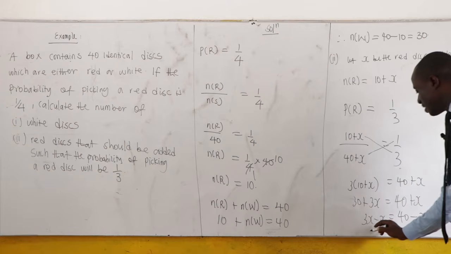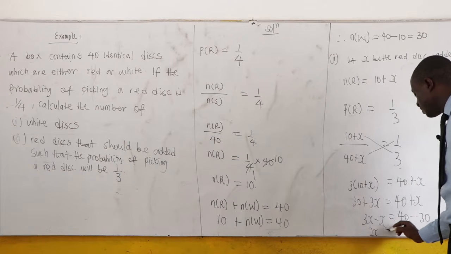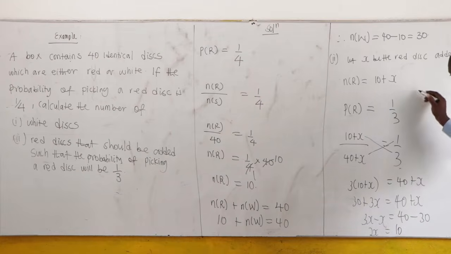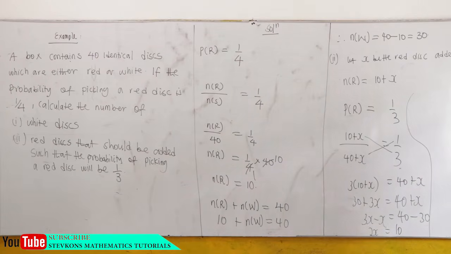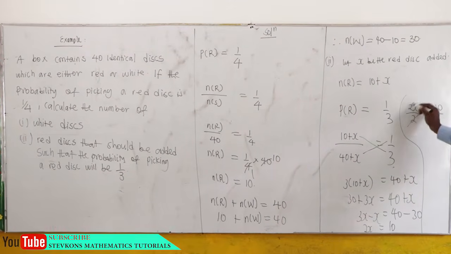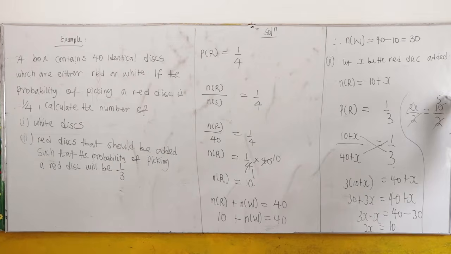Now 3X minus X gives us 2X, and 40 minus 30 gives us 10. So 2X over 2 equals 10 over 2, which is 5. So the number of red balls which should be added so that the probability will be 1 over 3 is 5.